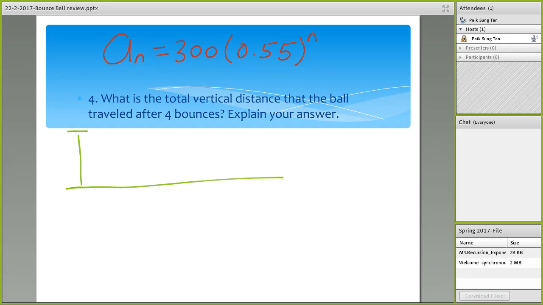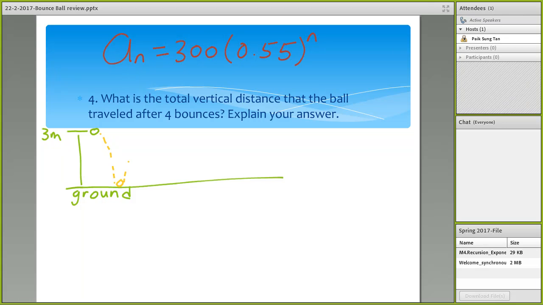This is a little tricky, okay? Your ball starts at 3 meters. This is the ground, and that's the 3 meter mark.